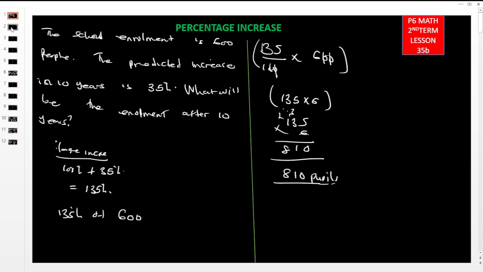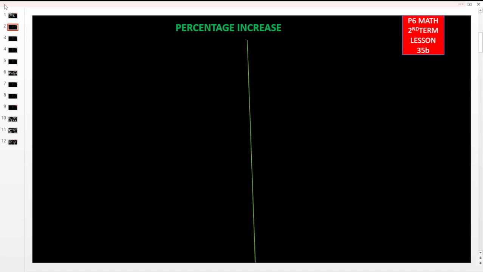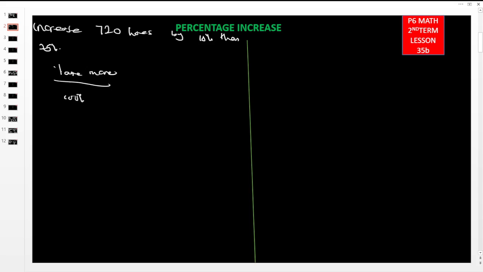Then example 4. This one is saying increase 720 holes by 10%, then 25%. The first percentage increase is from 100% to add on 10%, which is 110%.